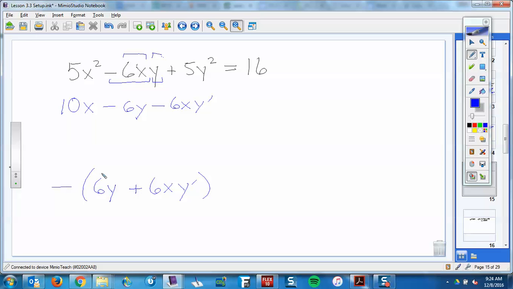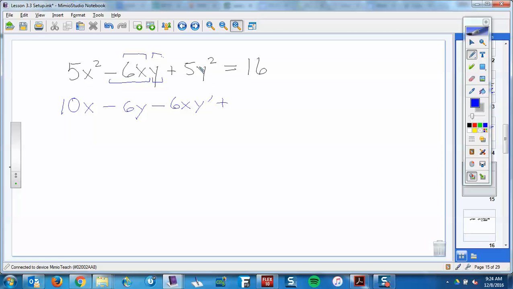If you have a negative outside the parentheses and a negative here, then that becomes a plus, and that's bad. So that's why I'm saying if you just treat the negative and the 6 together, you can avoid having to put parentheses. You see what I mean? And avoid distributing. So that's why I would do it this way.